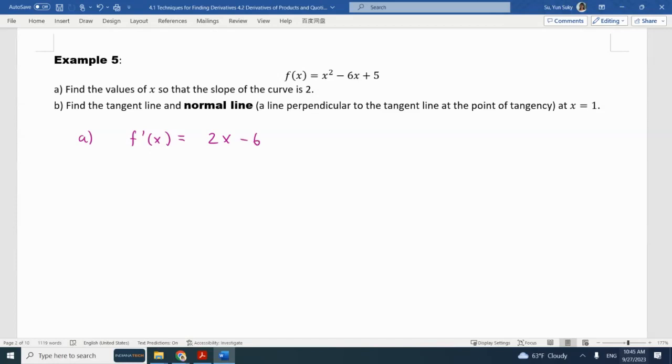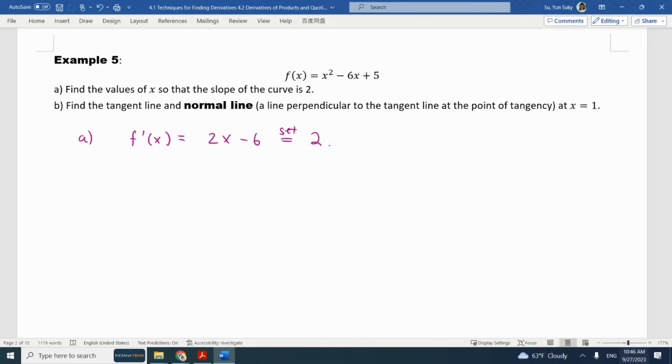And that's it, right? The derivative of 5 is 0. So we want to have the slope, so set this equal to 2. So be careful. Don't plug in x is 2. x is not 2. They tell you the slope is 2 and you want to find the x.